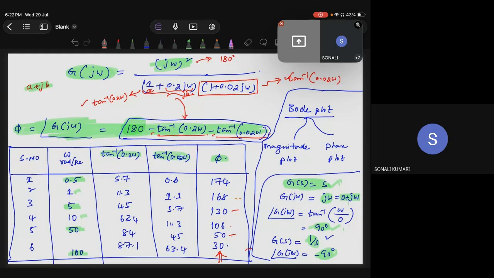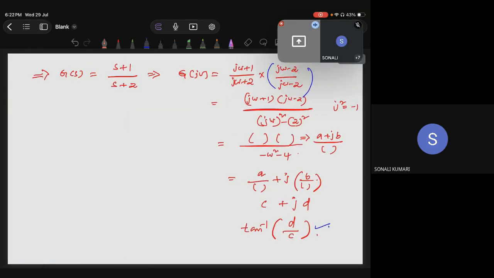Without doing all those things, we can directly write it. We check what are the angles in the numerator and what are the angles in the denominator, and we just keep the minus. That also gives the same thing. But the actual procedure is this. Simply, we take the numerator zero angles minus each pole angle.